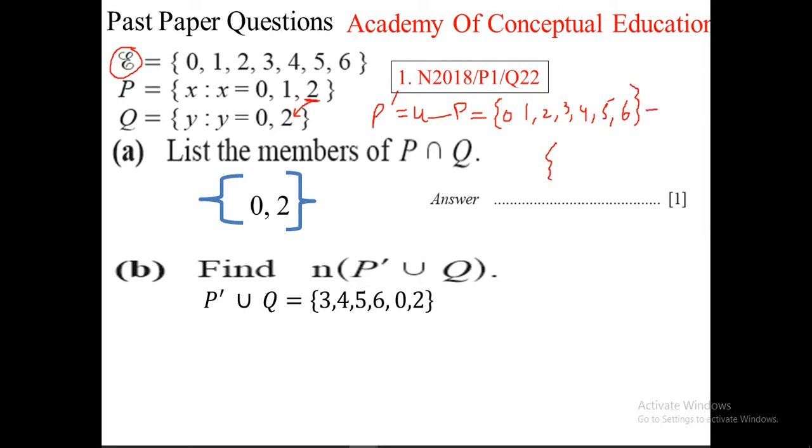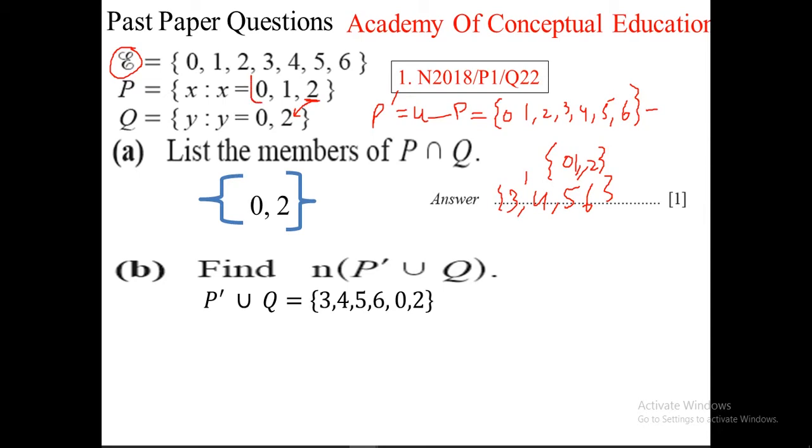Minus 0 and 2. It means that if we subtract the P elements from the U elements, we will get 1, 3, 4, 5 and 6, because we have subtracted the P elements.